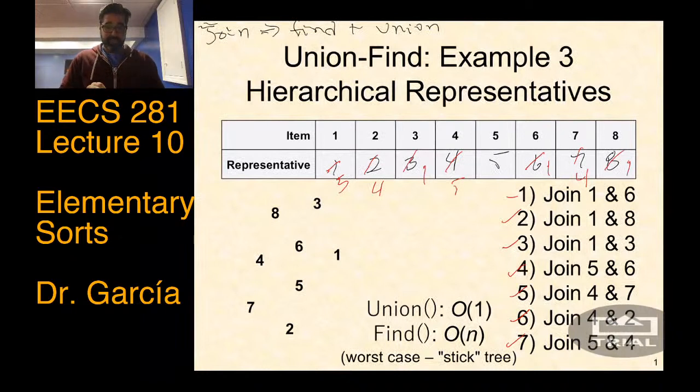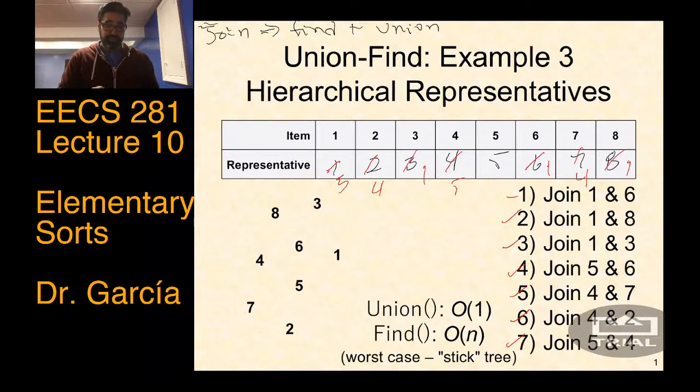Now, this is where you'll see that the find operation is going to be linear time, because if we now wanted to find out who is in what set, then our find operation is linear time in that it's trying to find a representative of each element, and you can go back in the path multiple times.